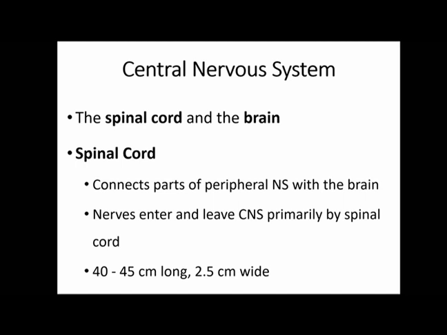And as always, there's a caveat here. So almost all nerves enter and leave the central nervous system by our spinal cord, meaning that most of our sensory neurons coming in and the motor neurons going out, most of those travel through our spinal cord. And so the spinal cord is a connection between the brain and everything else.